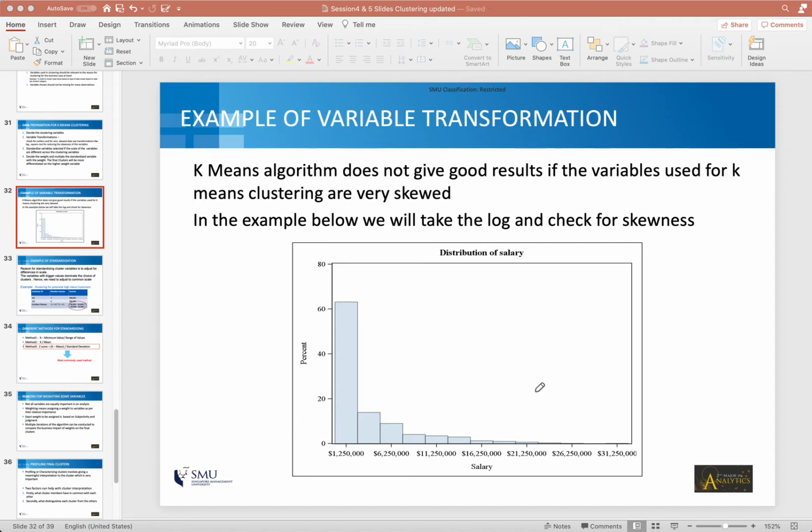So we don't want clusters with 2, 3, 4, 5 observations. Okay. Even though we don't look for exactly the same number of observations in each cluster, but as much as possible, we don't want to, for example, make a customer strategy for 5 customers. So that is why this type of skewness does not give us desired results.